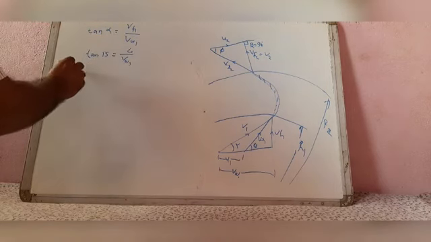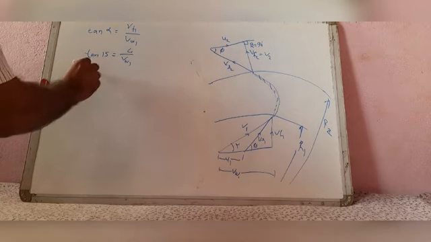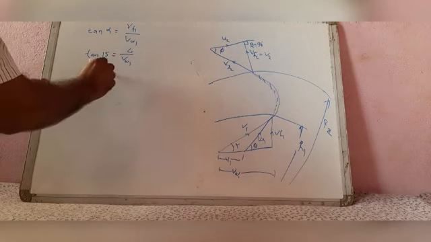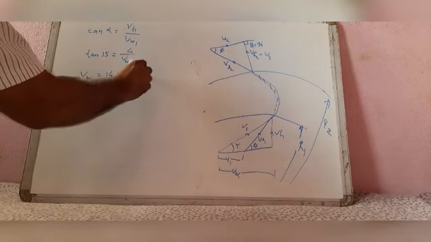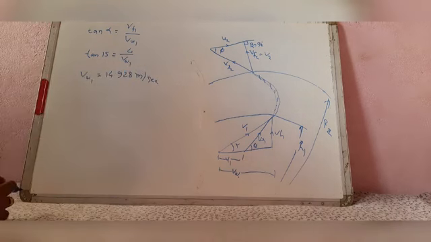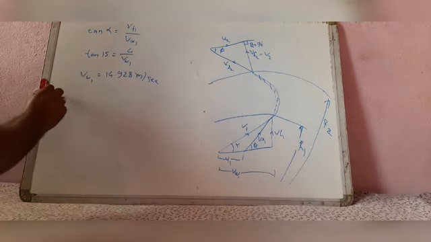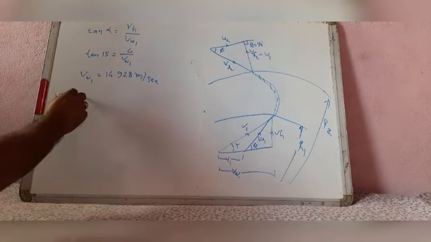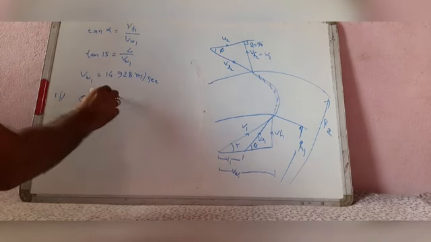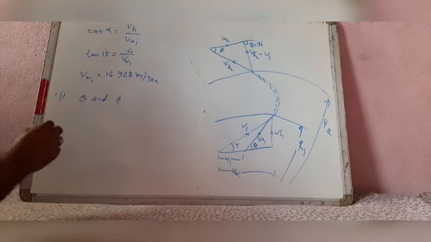So the value of Vw1 comes 14.928 meter per second. So here runner vane angle at inlet and outlet are theta and phi.